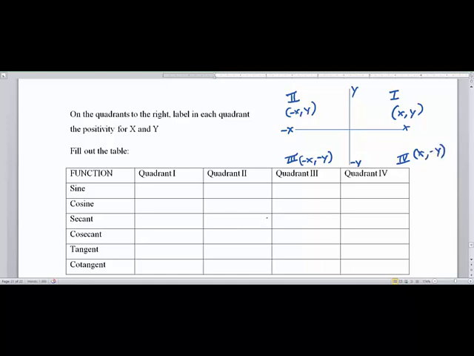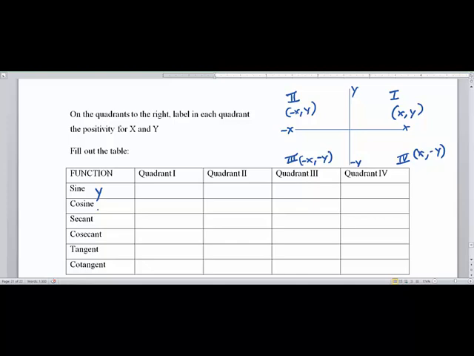Now this is really important to have because we're about to make a table of our different quadrant positivity and negativity values for the 6 trigonometric functions. So sine is going to be y, and I made my students say sine aloud because sine is like the sine y.